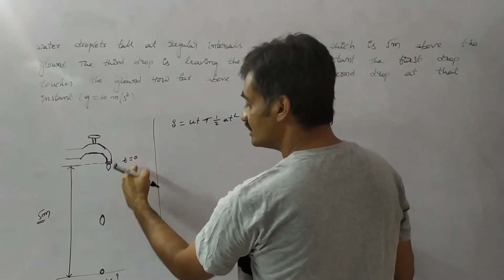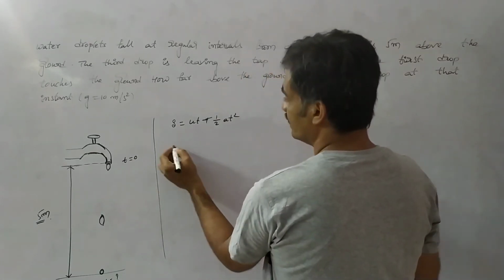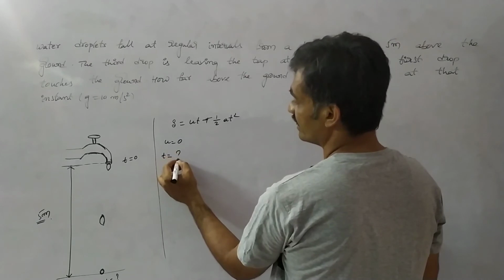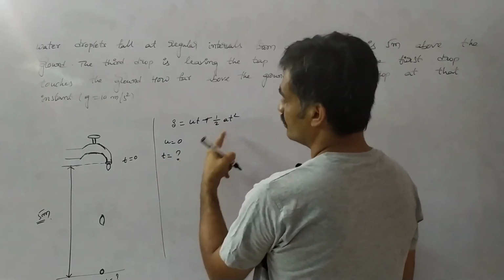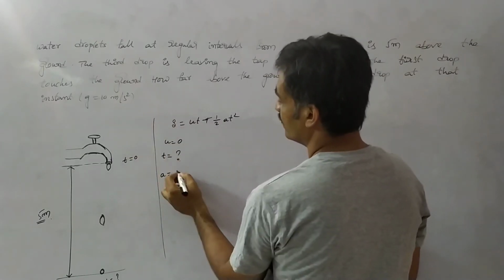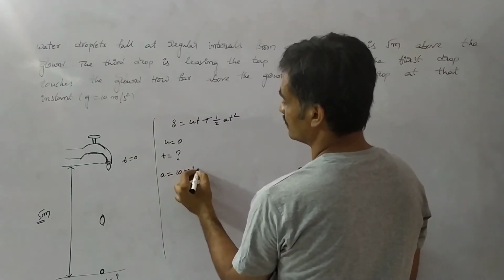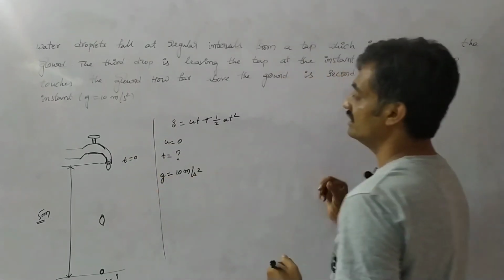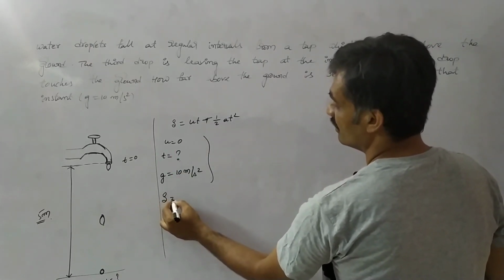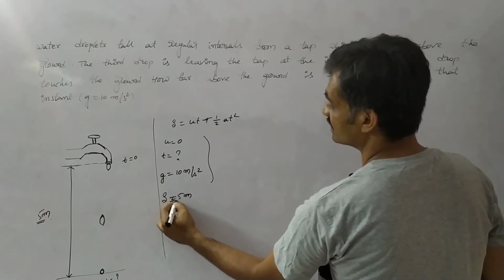As the drop is falling freely, initial velocity is 0, and the acceleration due to gravity is considered as 10 meters per second square. Here s equals 5 meters, the height of the tap.